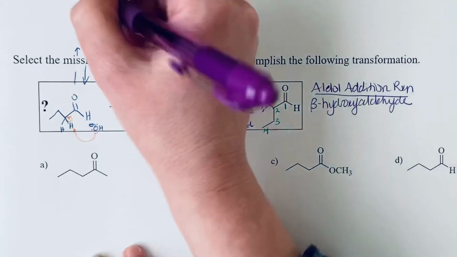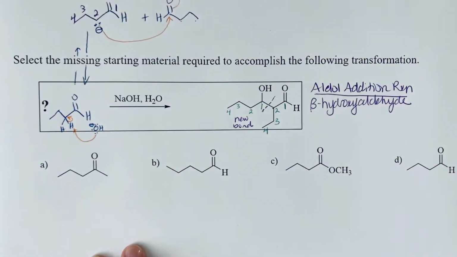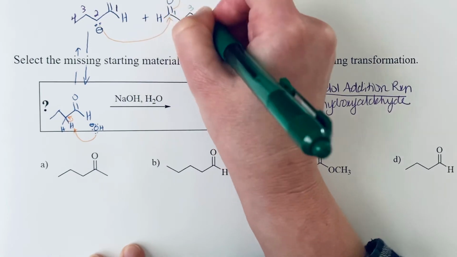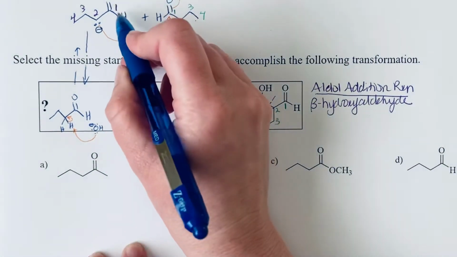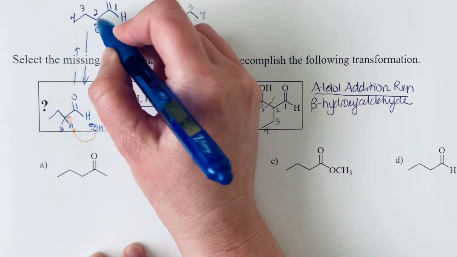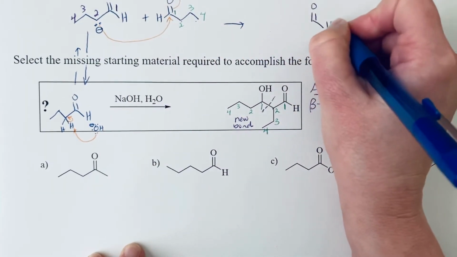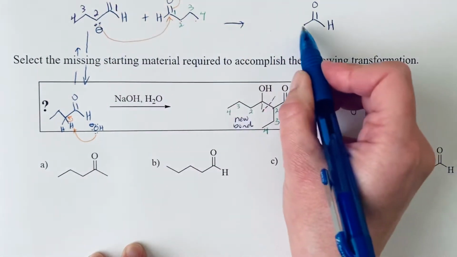We can see here we've got 1, 2, 3, 4 carbon atoms, and on the other side we should see 1, 2, 3, 4 carbon atoms. If we want to draw our aldol product, this was our nucleophilic carbon. So I'm going to draw that. The new bond came from that.